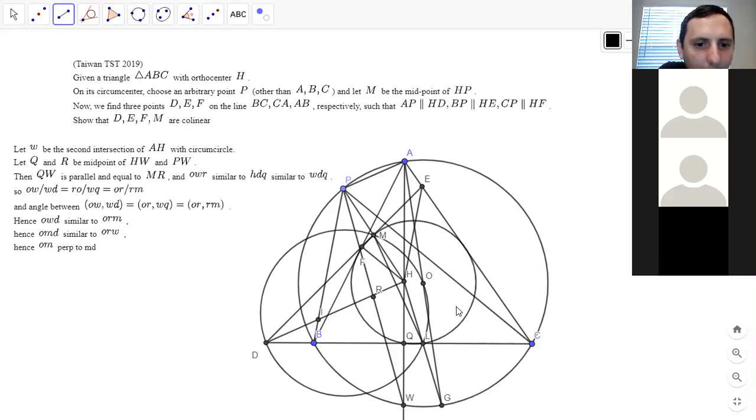So OM is perpendicular to MD. I think this makes sense. I'm going to stop right here just because we're out of time. So you're saying the angle between OW and WD is the angle between OR and RM.